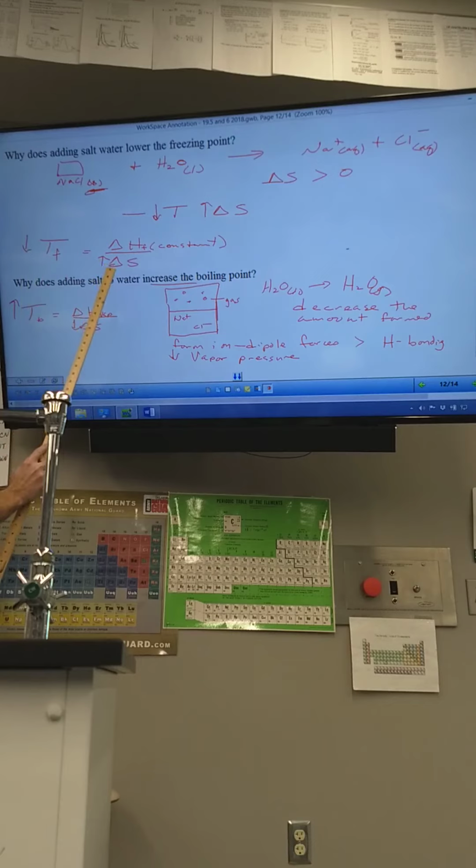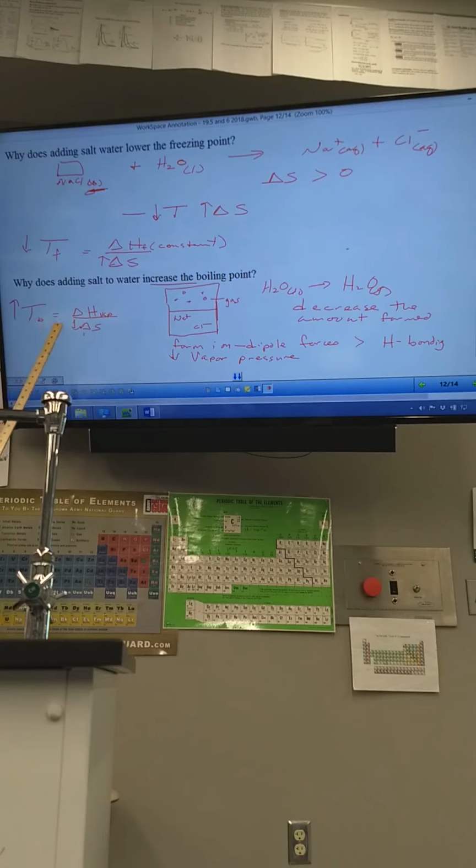And the more entropy here, the lower that freezing point will be. So we put salt on the road, that increases the entropy of the water on the pavement, and that causes the freezing point temperature to go down. And if we look at that from the other way, the boiling point goes up.